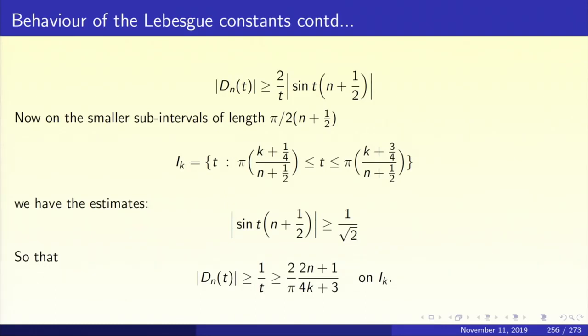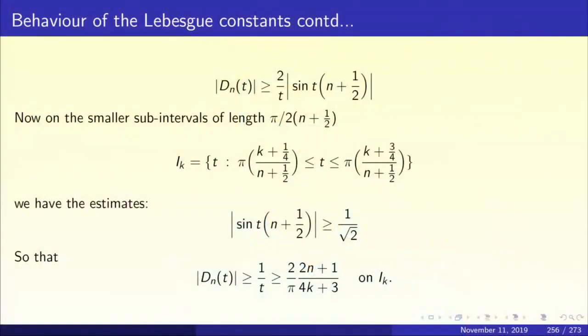So at the ends of the interval 0 to π, the sine function is small, but in the middle part, the sine function is large. So now we have to look at what happens to sin of t(n + 1/2). Everything gets scaled by n + 1/2, so n + 1/2 comes in the denominator. So on the smaller interval, the sine function is bigger than 1/√2. So that's what I said, |sin t(n + 1/2)| is greater than or equal to 1/√2 on this smaller interval I_k.